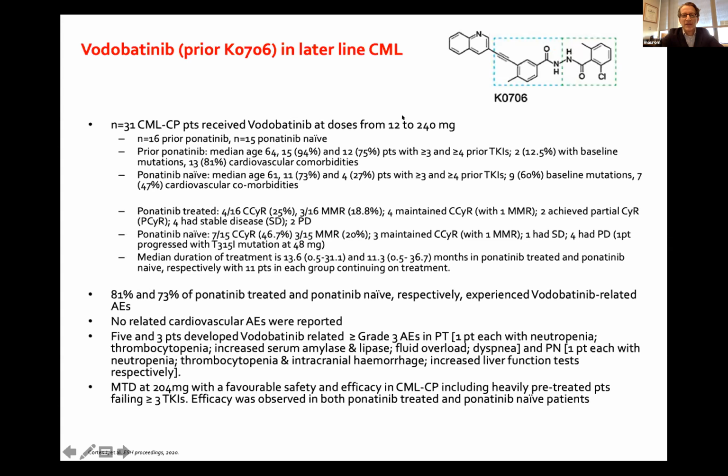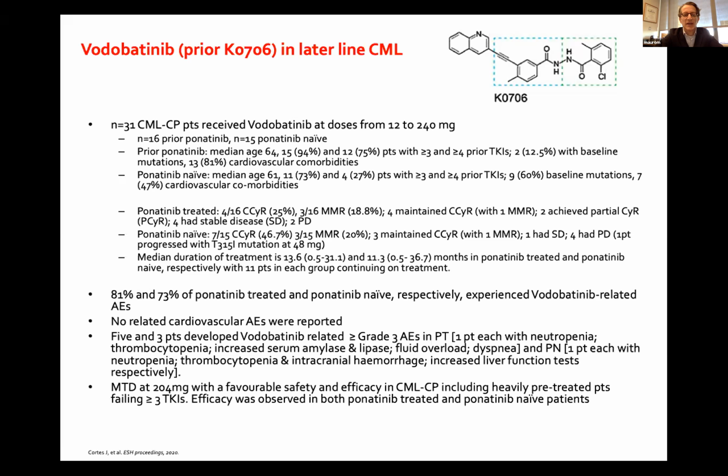Coming out of India, and I'm encouraged to say from Sun Pharma's pipeline, would be KO-706, now known as vodobatinib. This was the data presented at the John Goldman meeting in CML just a few weeks ago, where we have now a cohort of 30 or so patients treated at various doses.